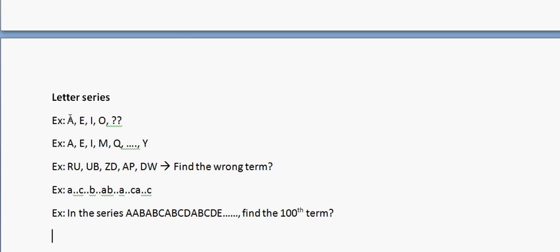So there can be A, E, I, O. What would be here? It has to be U, a series of vowels. Then A, E, right? So A is the first letter, E is the fifth letter, then the ninth.